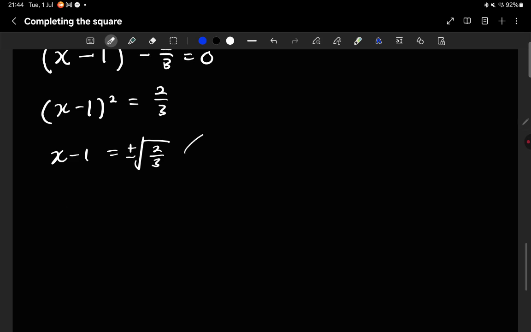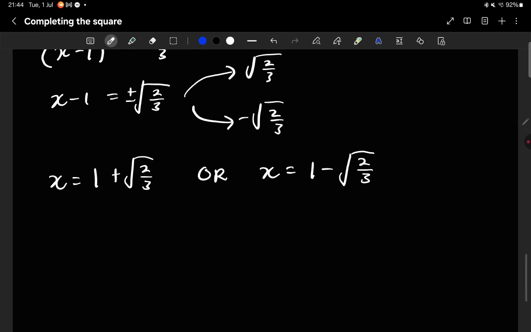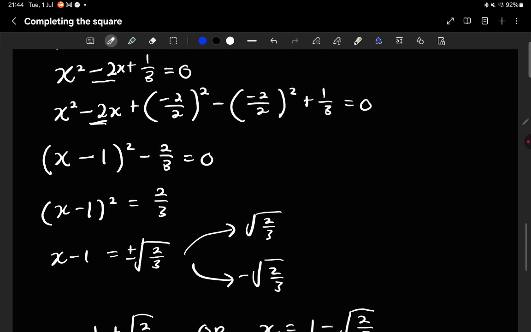Since we get two cases, where it's equal to positive or negative root of 2 over 3, we write x equals 1 plus root of 2 over 3, or x equals 1 minus root of 2 over 3. Now that's simple and easy to do.